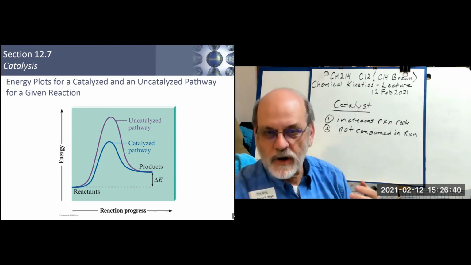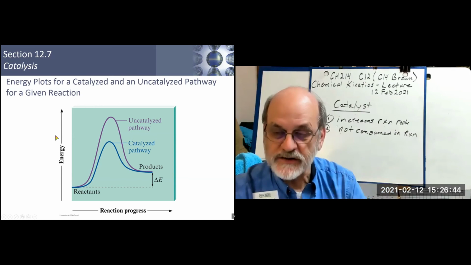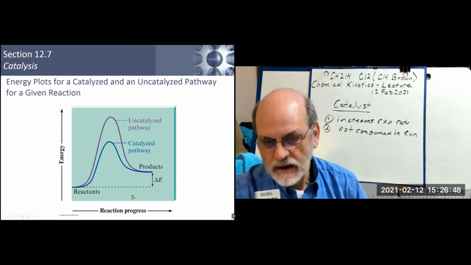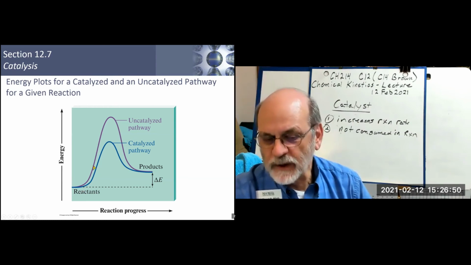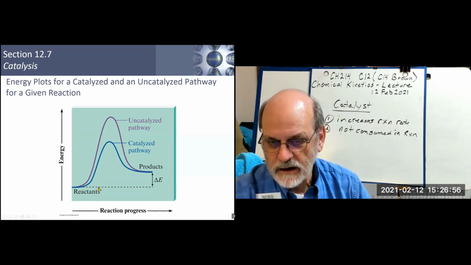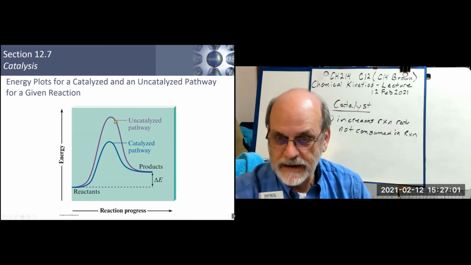graphed in terms of the amount of energy that's expressed in the reaction over the progress of the reaction? Well, this purple line is the uncatalyzed pathway. Notice that the activation energy from here all the way up to there is pretty huge in order to produce products.